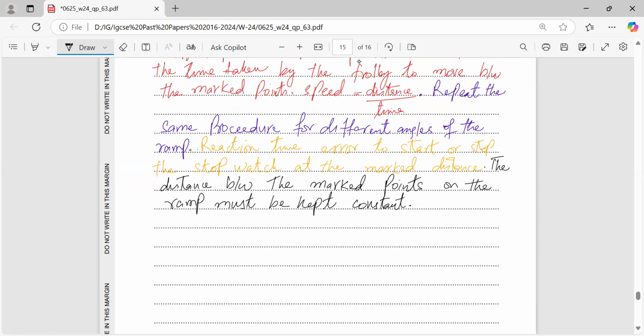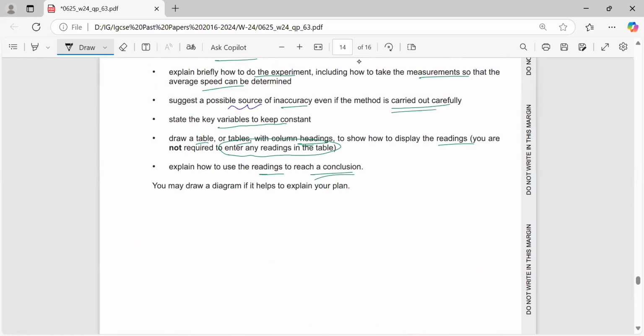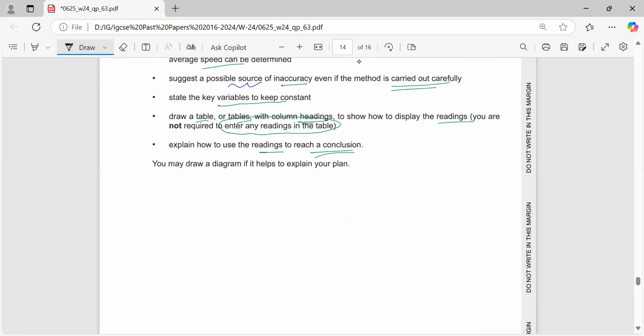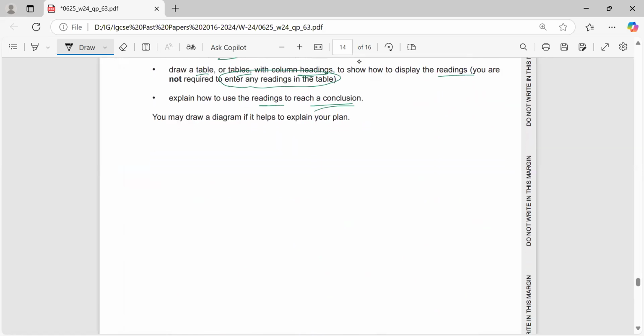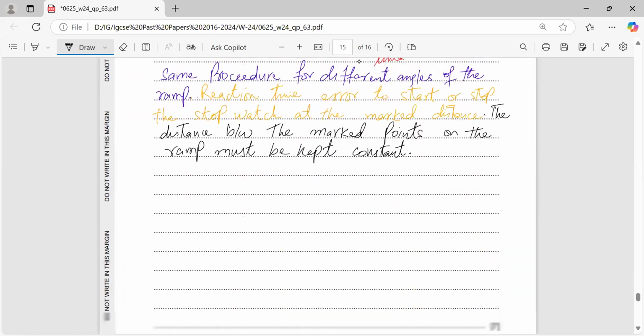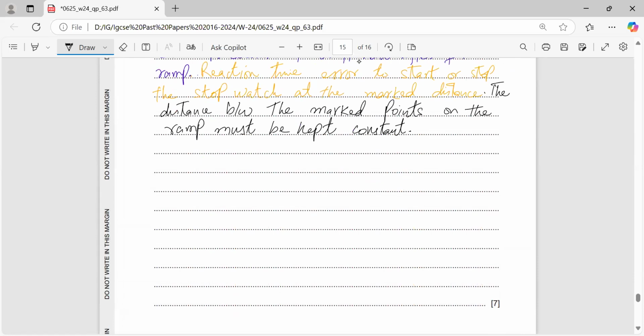Okay, now what is the next point? Let's follow the instructions. Yes, draw a table or tables with column headings. Here we need just one table.